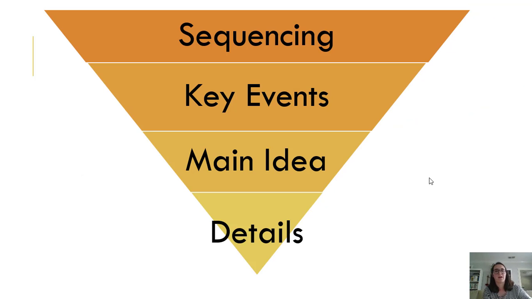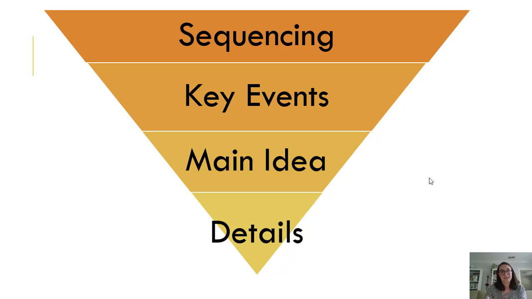And then as we move on, we have a visual here of the big picture of what the unit will look like. We have sequencing, key events, main idea, and details. Sequencing and key events kind of go together. The key events are the ones that we are going to sequence in our story as we retell our story, and then that will help us with the main idea, big idea, plot, thinking about what the story was mostly about, what the author was trying to tell the reader, and then last we talk about details and how those details can help support the big idea or main idea.